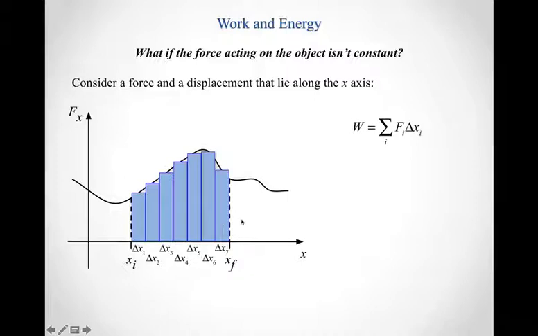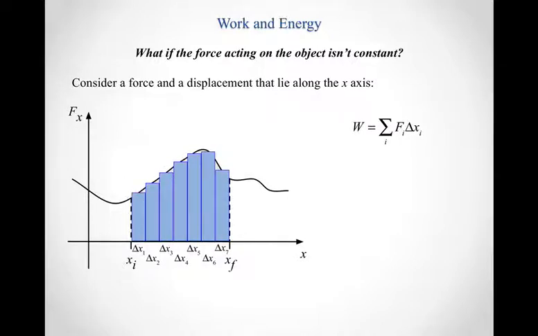And so what I can do then is add up how much work it did over this stretch where I'm acting as if it was a constant force at this amount, plus how much work it did here where the force was this amount, plus the work done where the force was this amount. Do that over all my segments, and that's going to tell me what the work was.